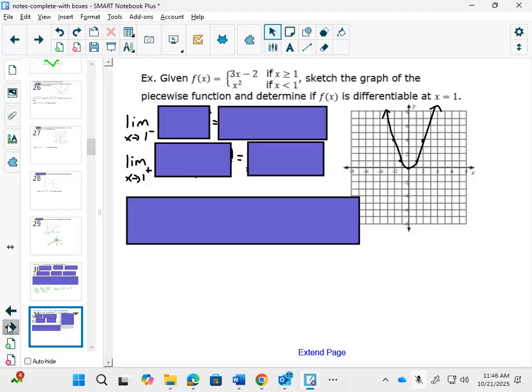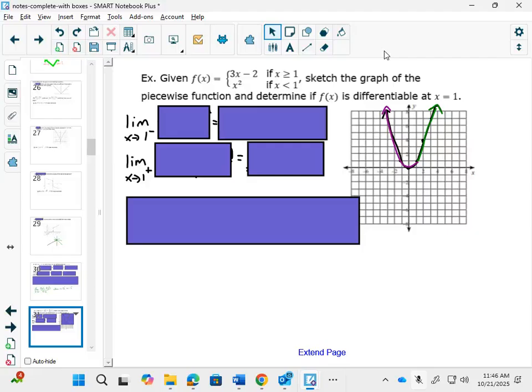It looks like a parabola, but technically, when x is greater than or equal to 1, this part here in green is a perfectly straight line. This part in purple is your nice parabola. It looks, well, it is continuous.